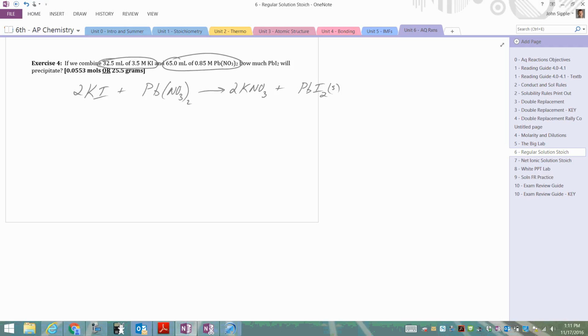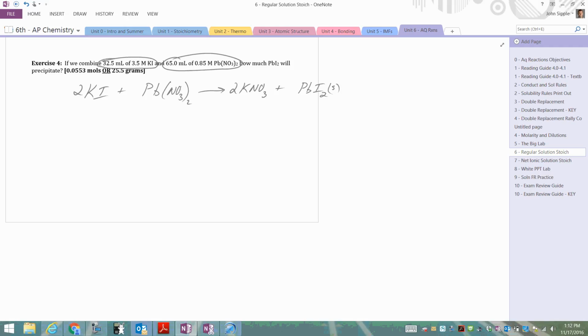So, do I even care about finding the limiting reactant or anything? No, not really, right? I'm going to go straight towards moles of PbI2 for both reactants. Because they just want to know how much we're going to make. So whichever one produces the least is how much we make, right?